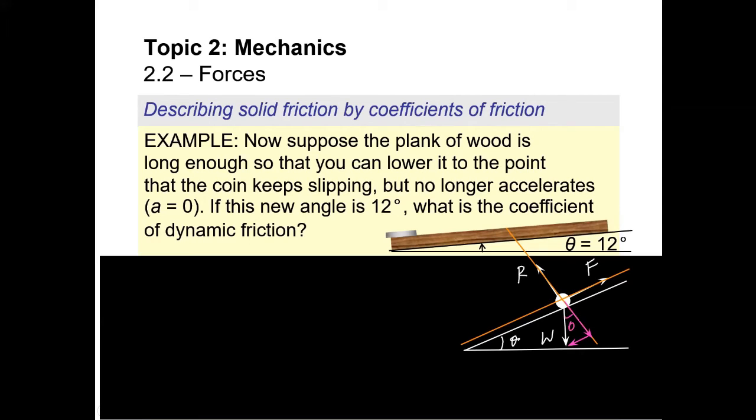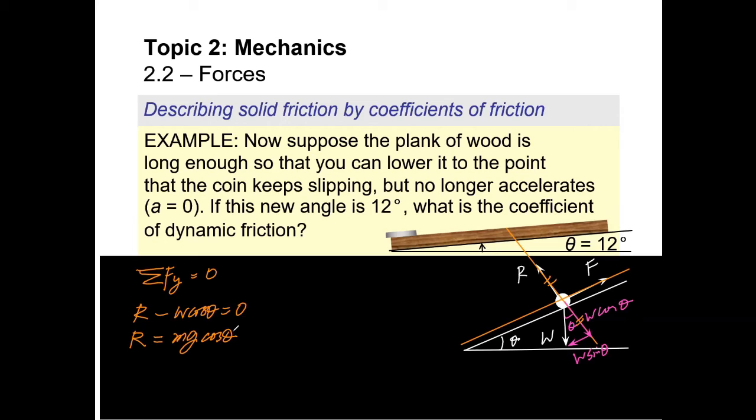Opposite is W sine theta, adjacent is W cosine theta. Since the object is sliding parallel to the surface, the net force in the y component equals 0, which means R minus W cosine theta equals 0, which means R equals mg cosine theta.